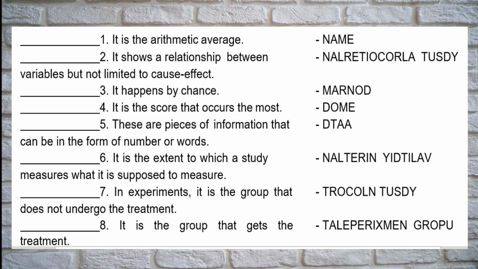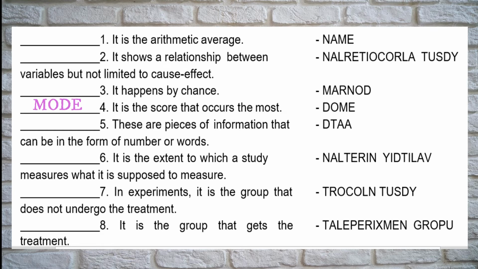Number 3. It happens by chance. The word is random. Number 4. It is the score that occurs the most. Okay, mode is the word.